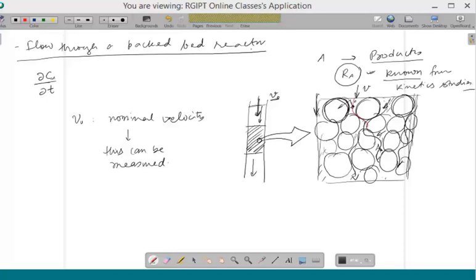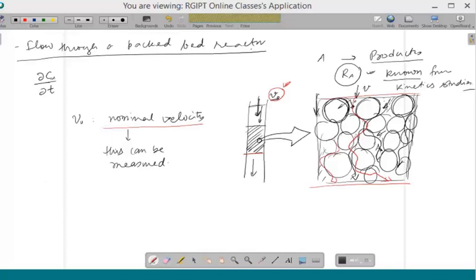So flow may look like this, I do not know. But overall, whatever the flow, the continuity will be satisfied, and the flux will be decided by v naught itself. That's why it's called v naught, that's why it's important, and it's named nominal velocity. That is something we can actually measure by our external variables.